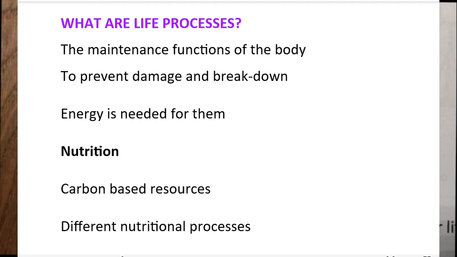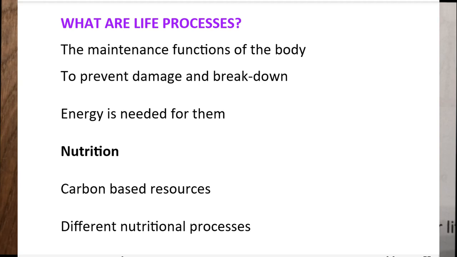Now, since these life processes are needed to prevent damage, to prevent breakdown, they need energy. And energy comes from outside of the body of the living being. So we need a process that brings this energy source from the outside environment into the body of the organism, that is in the form of food.